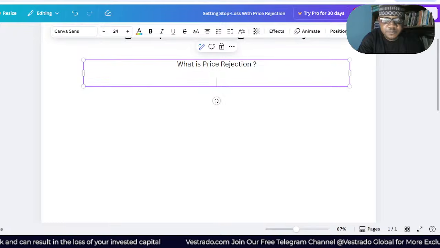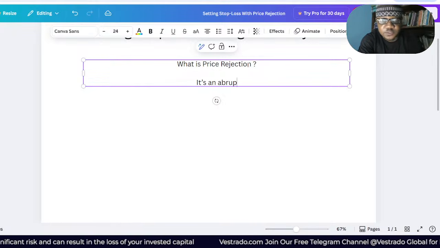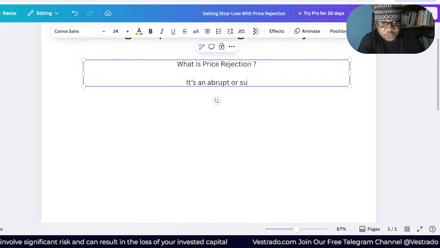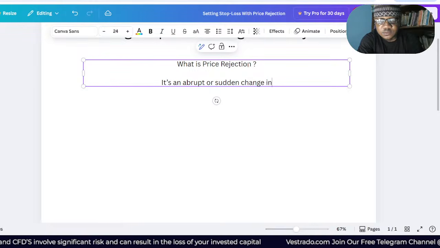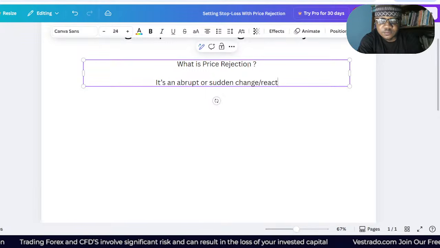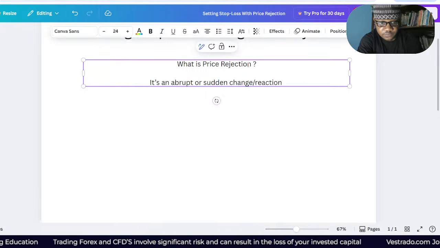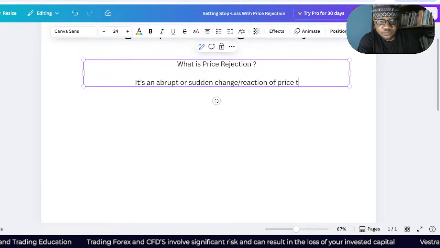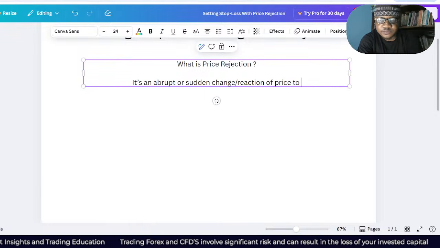It's simply put, an abrupt or sudden change or reaction of price to a particular level.